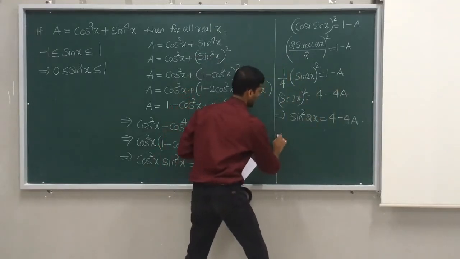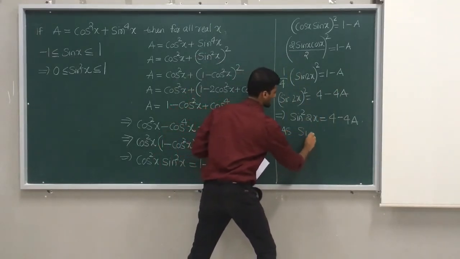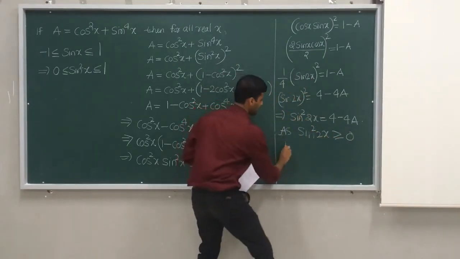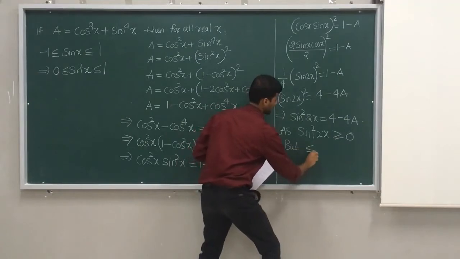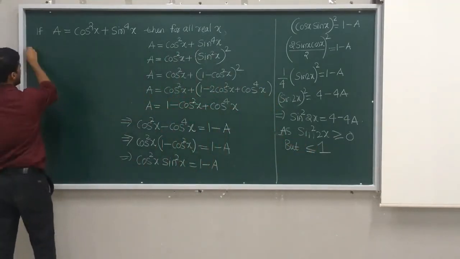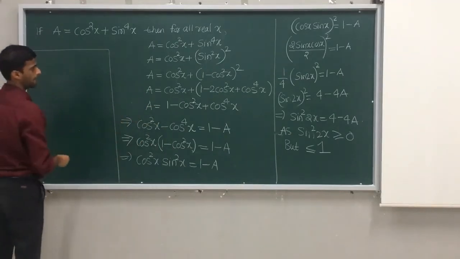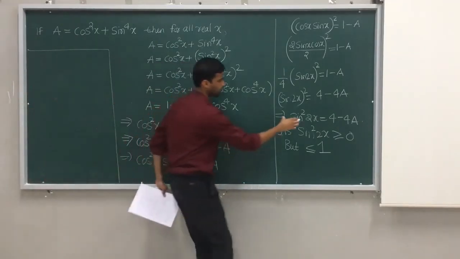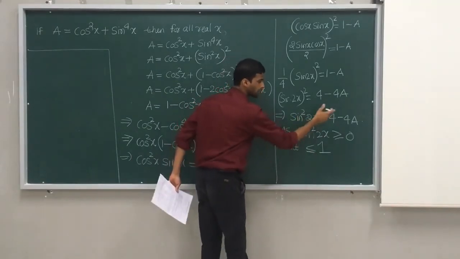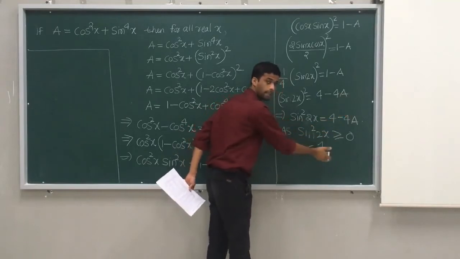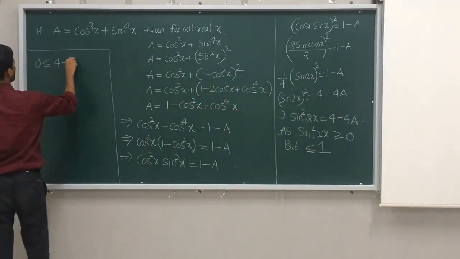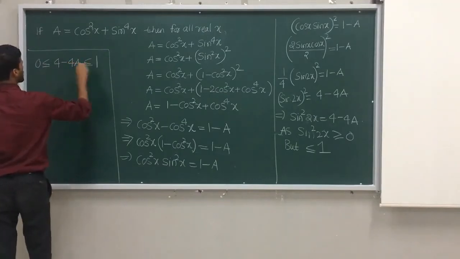Means, as sin square 2x is greater than or equal to 0 but less than or equal to 1, I will do this straight away. Because this quantity is greater than or equal to 0, less than or equal to 1, and this quantity is equal to this quantity, obviously this also is the same, no?